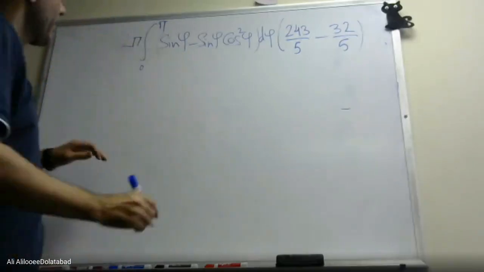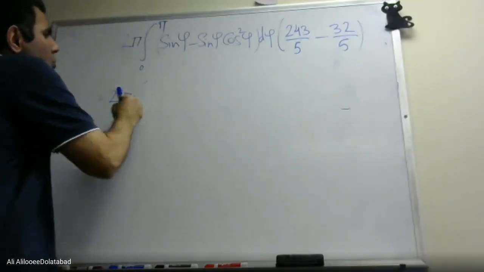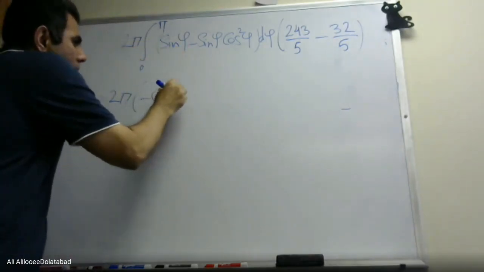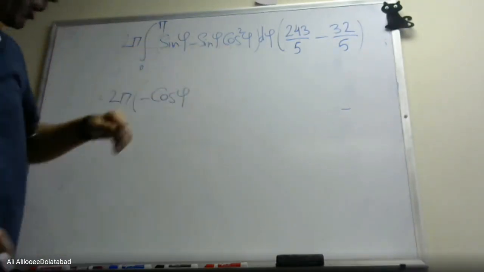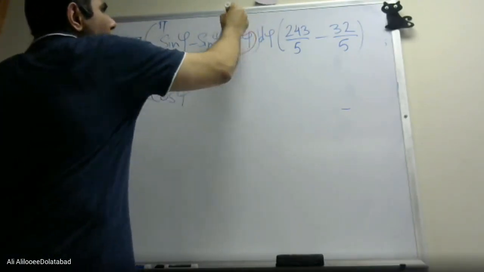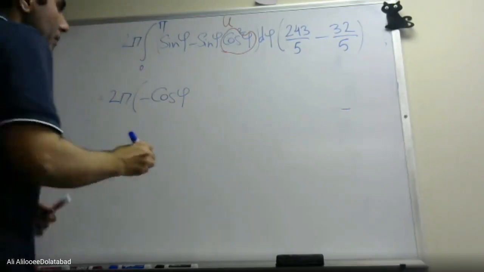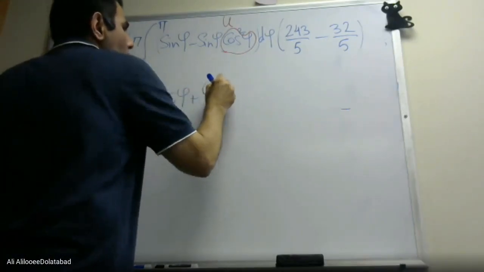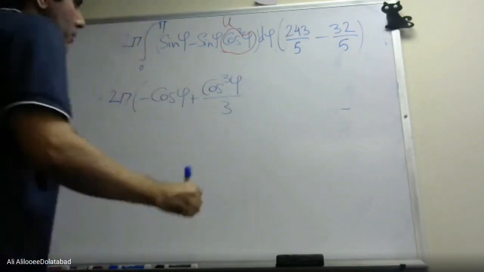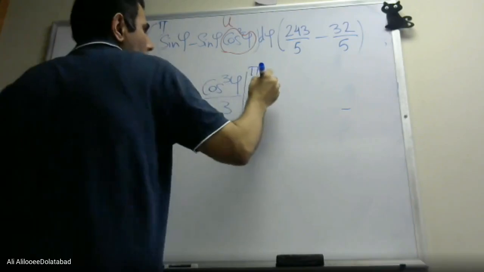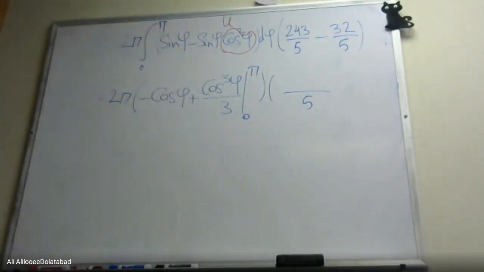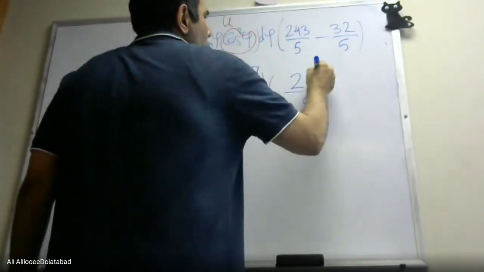So now we are ready to integrate this function. This is 2 pi. Then see, the antiderivative of sine of phi, as all of you know, is minus cos of phi. And for this one, as we have seen in Calc2, if you use the substitution technique and define u as cos of phi and you integrate, this is plus cos cubed phi over 3. This is between 0 and pi, and for this guy, the denominator is 5, then this is 211 over 5.